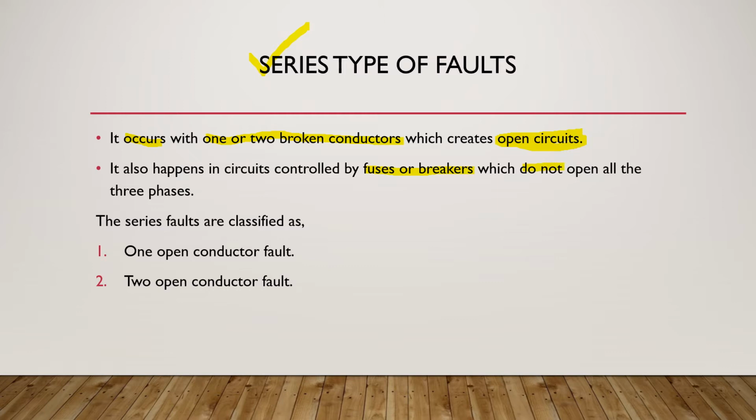That means it can open only one or two phases, and this can be classified into two types. First one is one open conductor fault and second one is two open conductor faults. So this is about series type of faults.